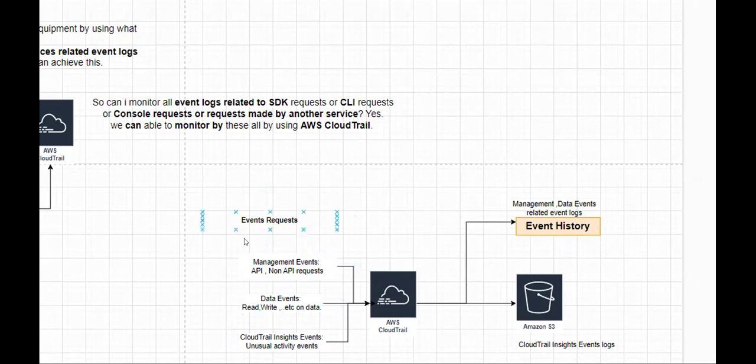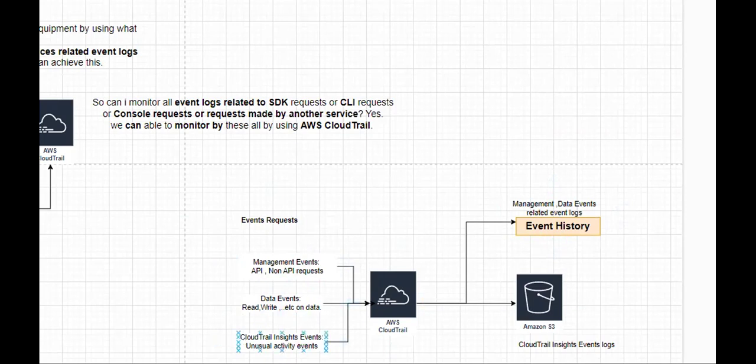Any log we create will be stored based on the event logs we selected. If we select management events, those logs will be stored under event history, which is present under CloudTrail only. If you select data events, that will also be stored under event history in AWS CloudTrail. The last type is CloudTrail Insights events.